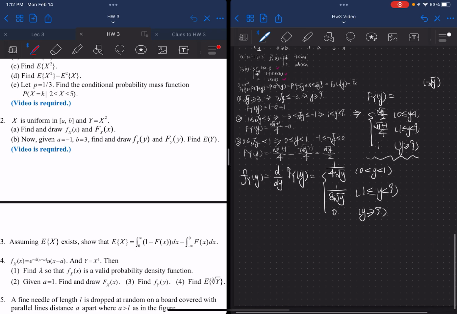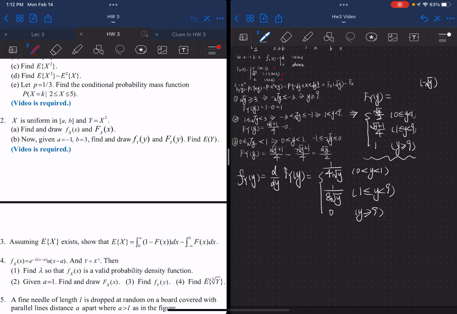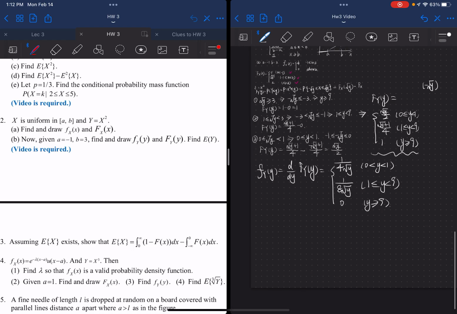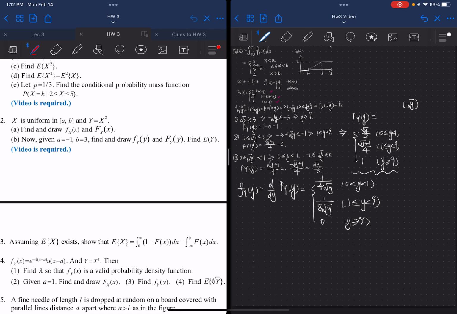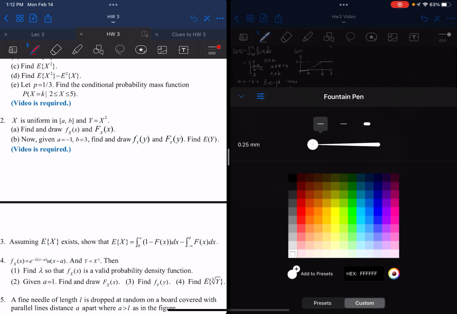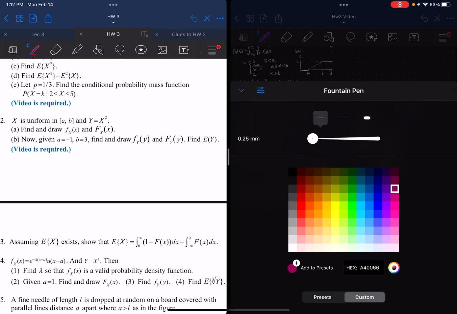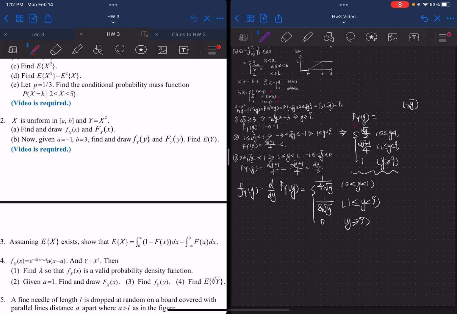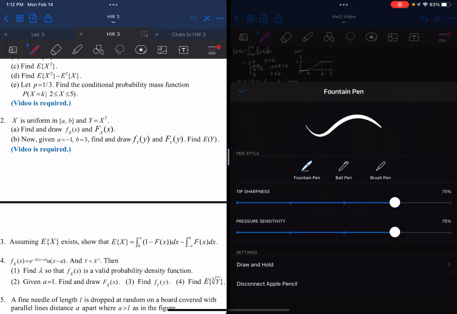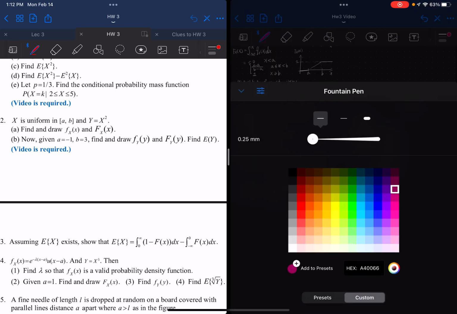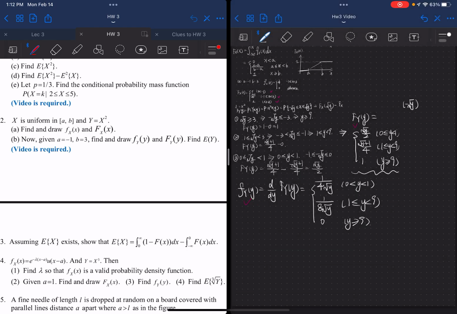And this is the probability density function of Y. So we have calculated these two, and we then need to plot them. We just plot based on the formulas.